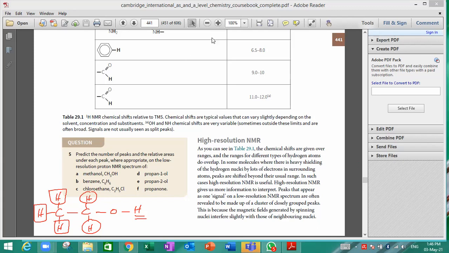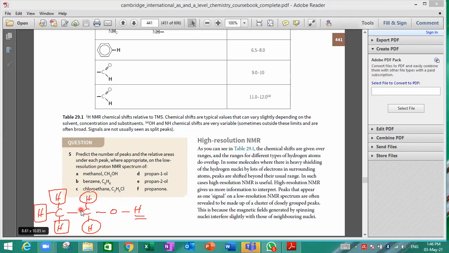But in high resolution NMR, in this type of NMR spectroscopy, we will find that these hydrogens that are equivalent and present on this carbon will be affected by their adjacent hydrogens, or their neighbor hydrogens. And these hydrogens are also affected by these three hydrogens.